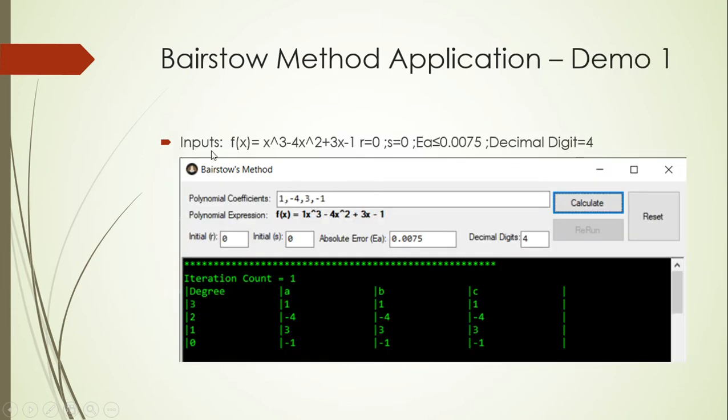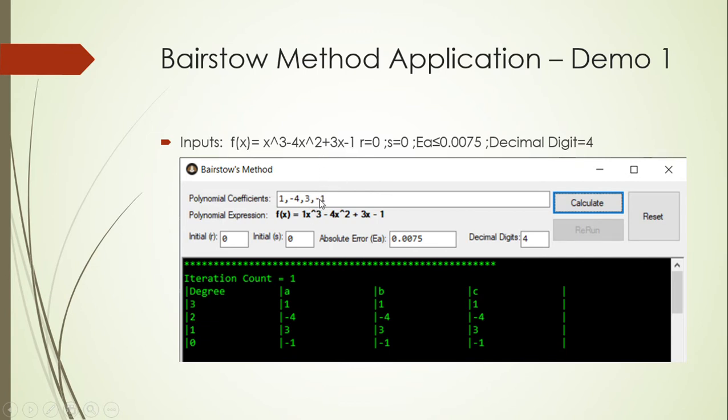So this is the problem that we are going to solve: x cubed minus 4x squared plus 3x minus 1, which is here. Since this one is x cubed, we only put 1 comma minus 4 comma 3 comma minus 1.